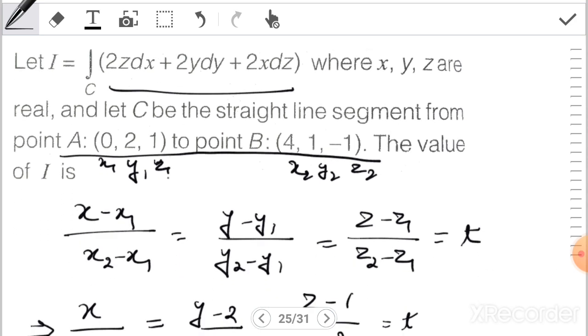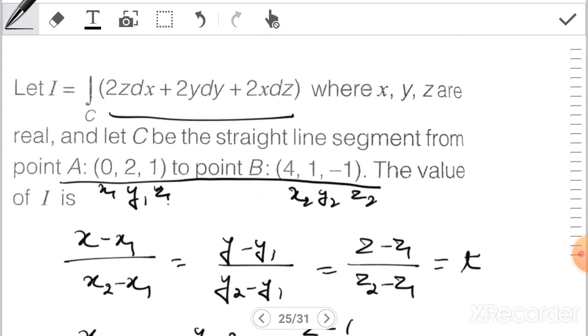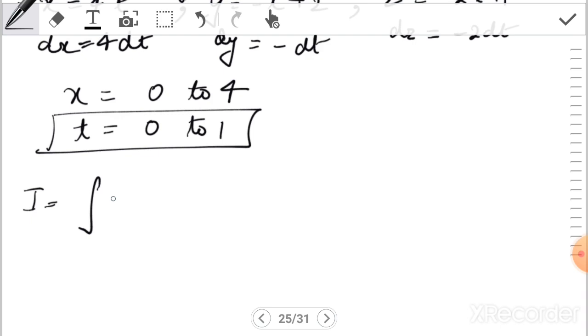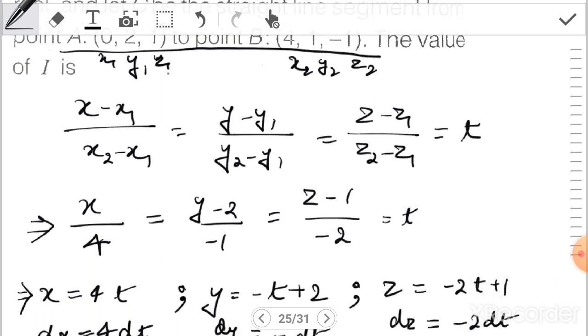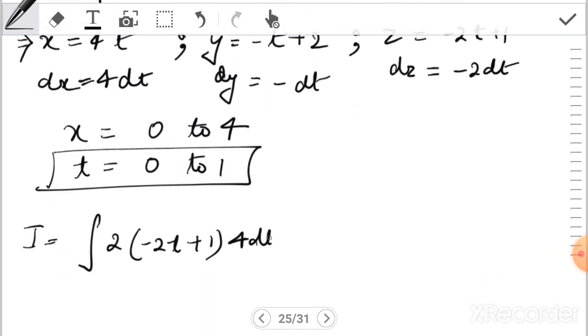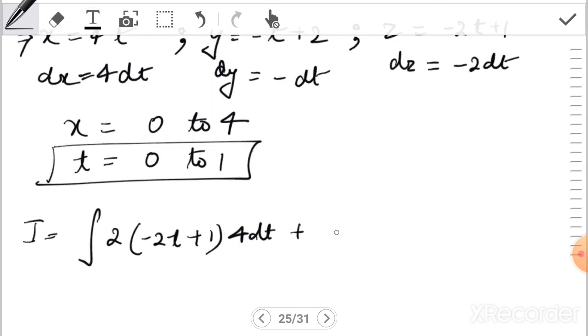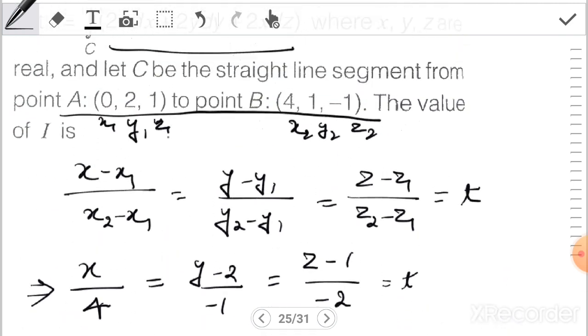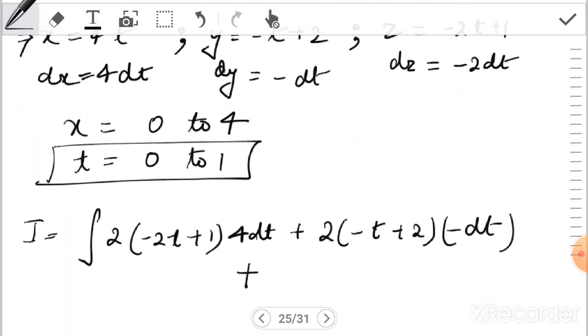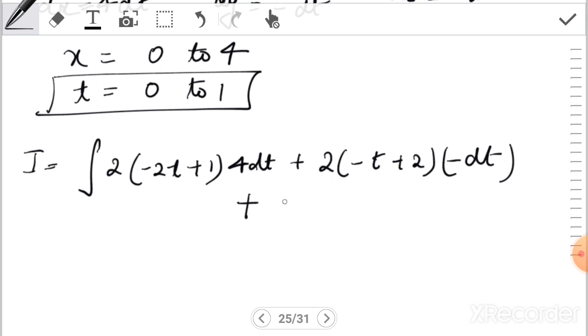Let us put the values of x, y and z in this I. So 2 times z, which is minus 2t plus 1, and dx, which is 4 dt, and 2 times y dy, so 2 times (minus t plus 2) times minus dt, and 2x dz, so 2 times 4t, that is 8t, times minus 2 dt.